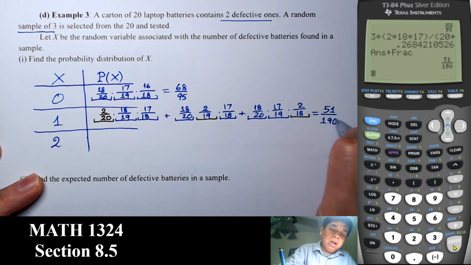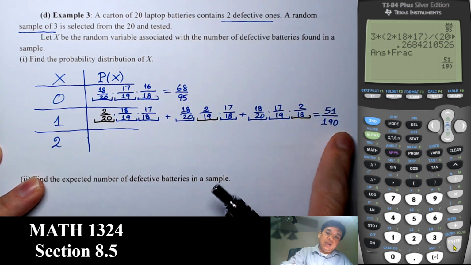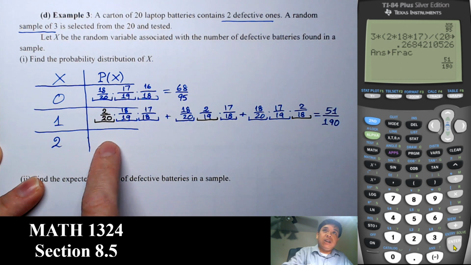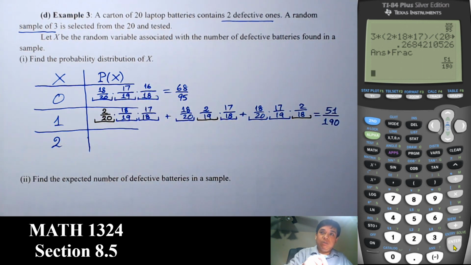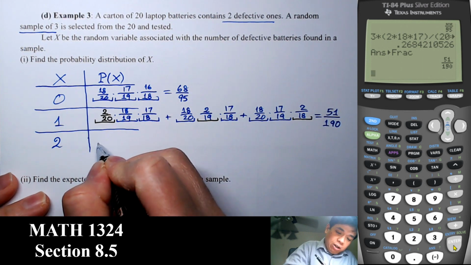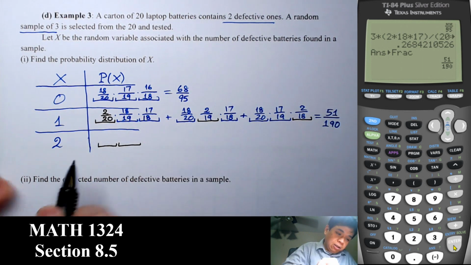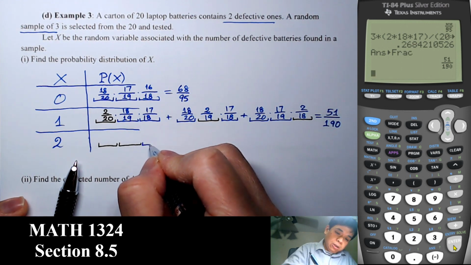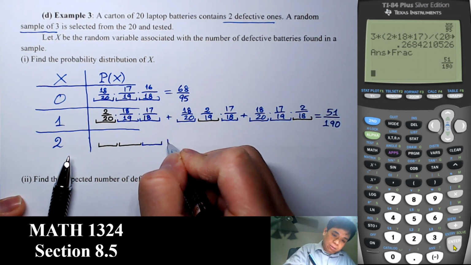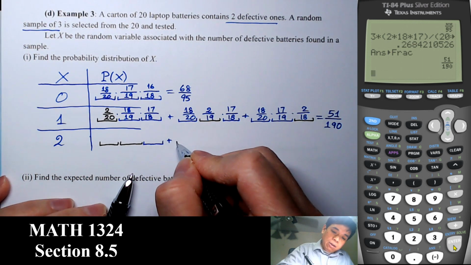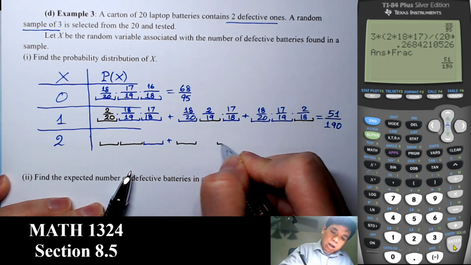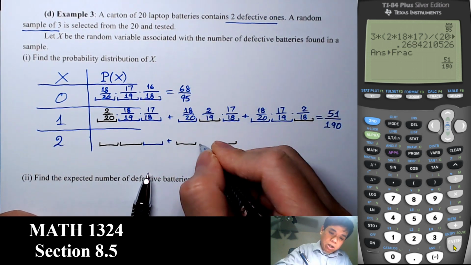Because this is the probability distribution, you can just add those and subtract from 1. All of this has to add up to 1. But we're just going to do that again. Now, defective ones. Say 2 of them are defective and the other one is good. Now the first and the last one are defective, the middle one is good.